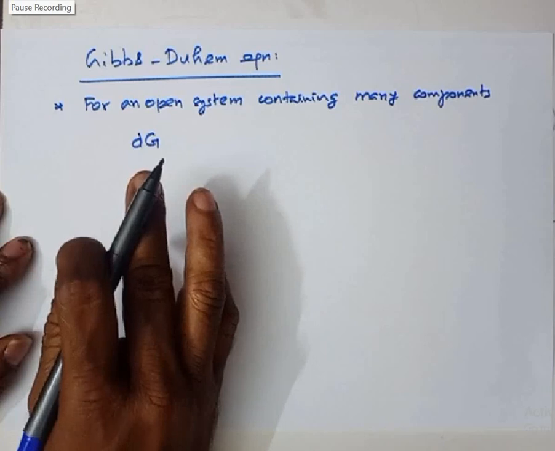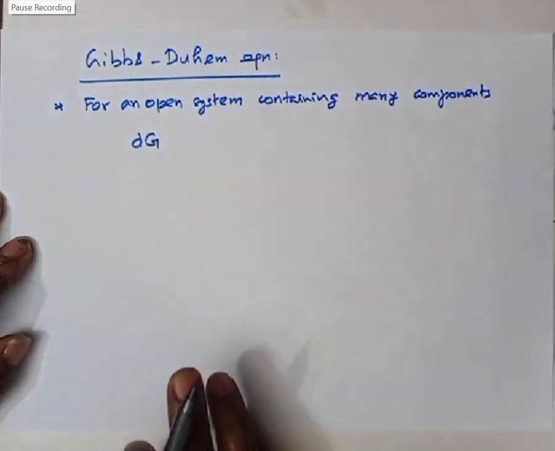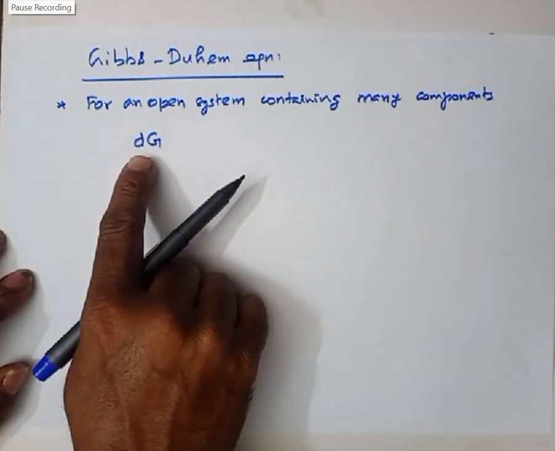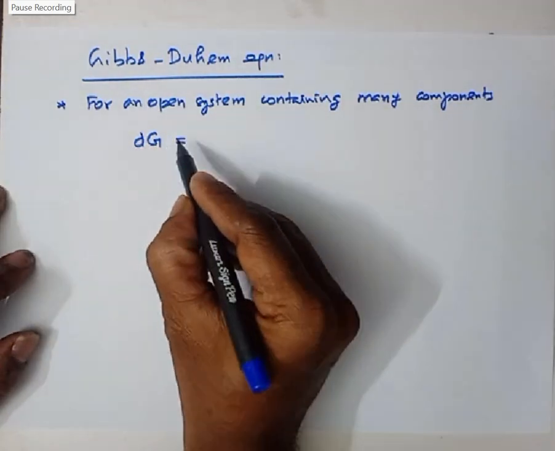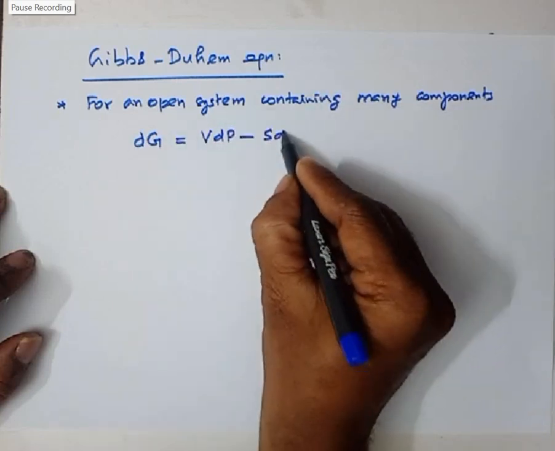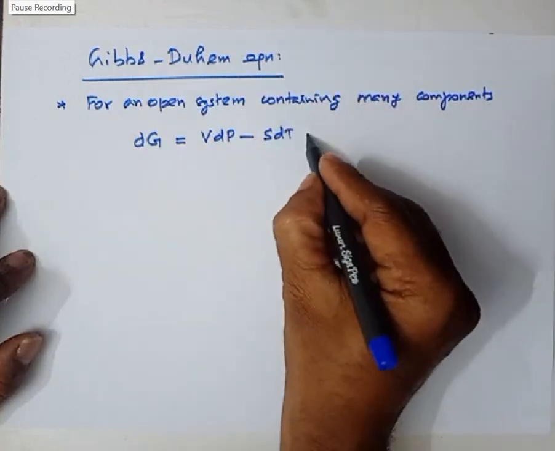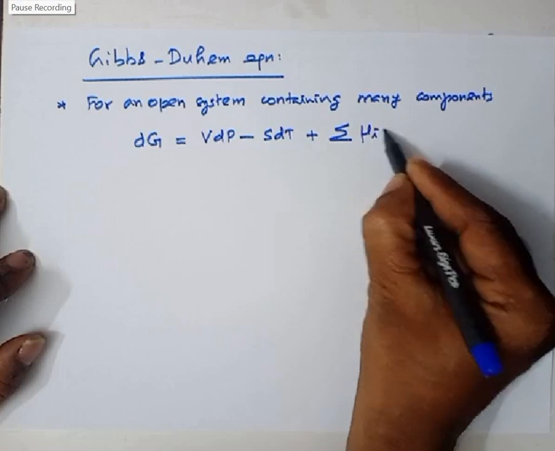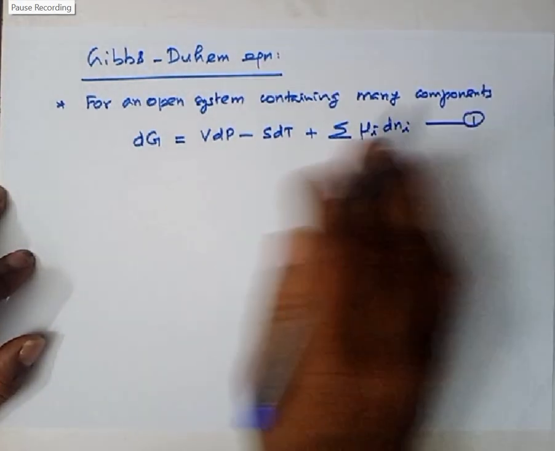I am writing the expression in terms of Gibbs free energy, but you can take any extensive property. This is the most important property in chemistry. So dG is equal to VdP minus SdT, which is for a closed system. For an open system, you have the additional term, summation mu I into dNi. I'll take this as equation number 1. This we know.